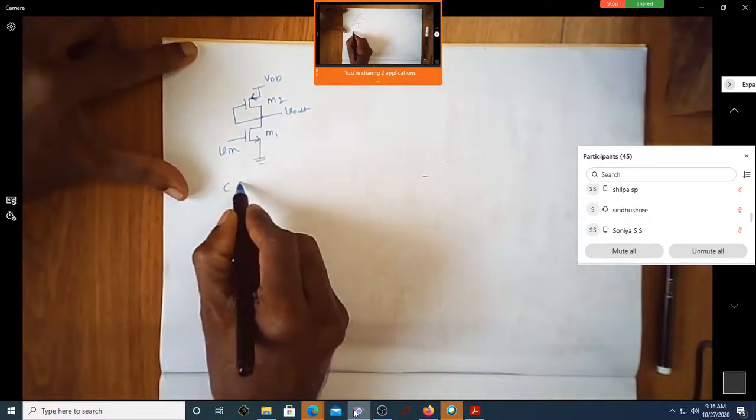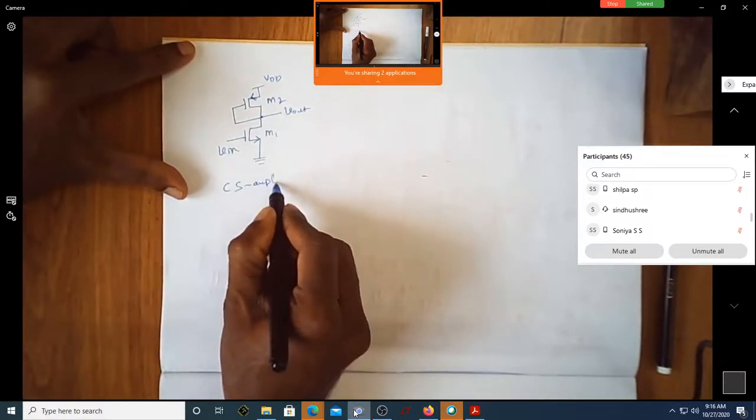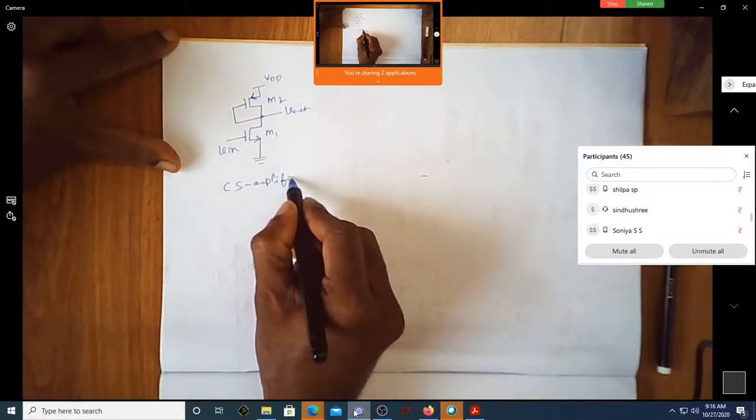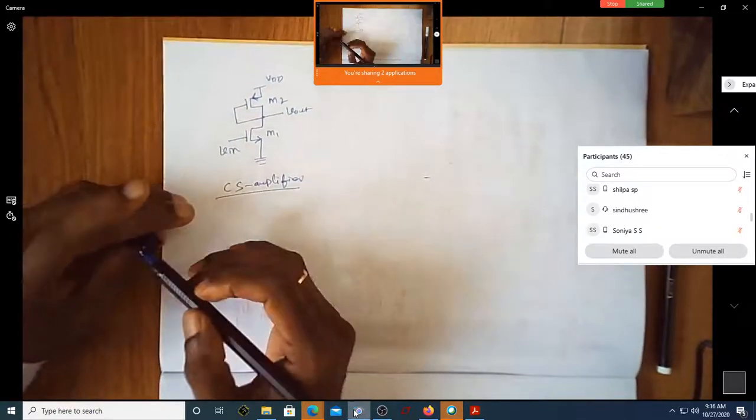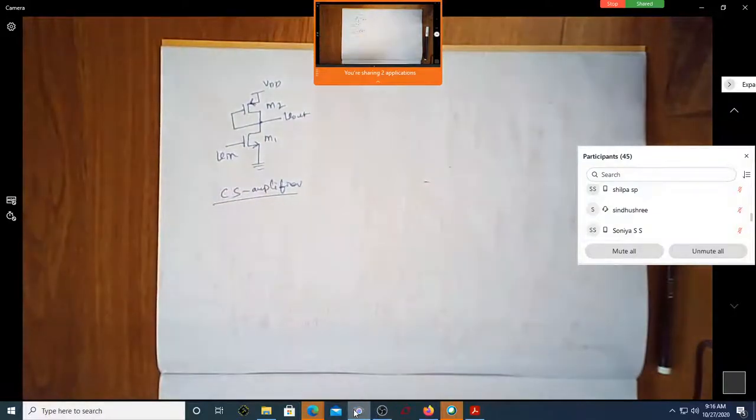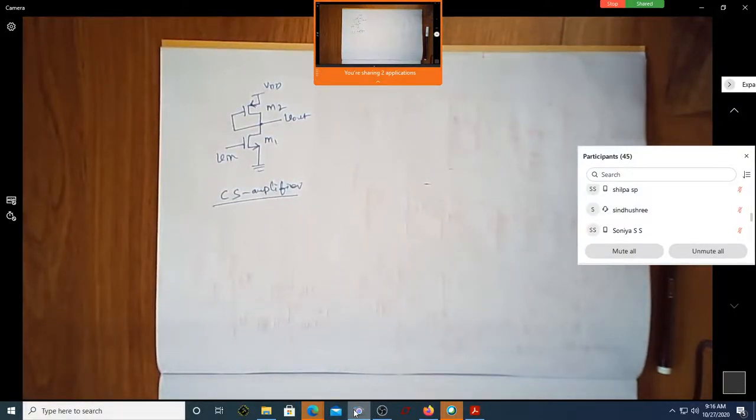Now, can you see this? Shall I say this is a CS amplifier? So far you have studied only the CS amplifier, so now you are able to make out that this is a CS amplifier. At the end of the course you'll be studying another 4 to 5 different amplifiers, so you should be able to differentiate whether it is CS, CG, CD, differential amplifier, or a different type.